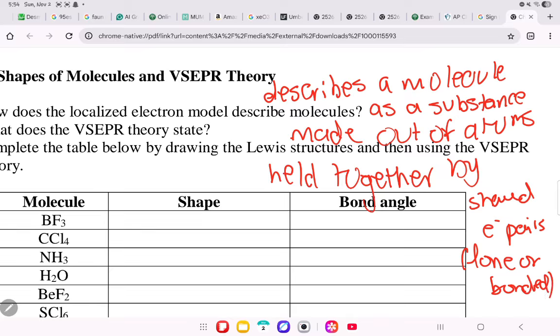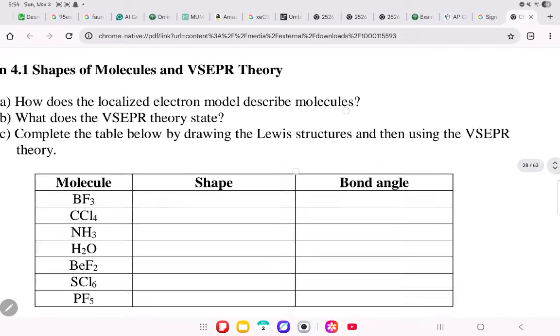Okay, so if you wanted to explain it, you would say that it describes a molecule as a substance made out of atoms held together by shared electron pairs that are either lone pairs or bonded pairs.